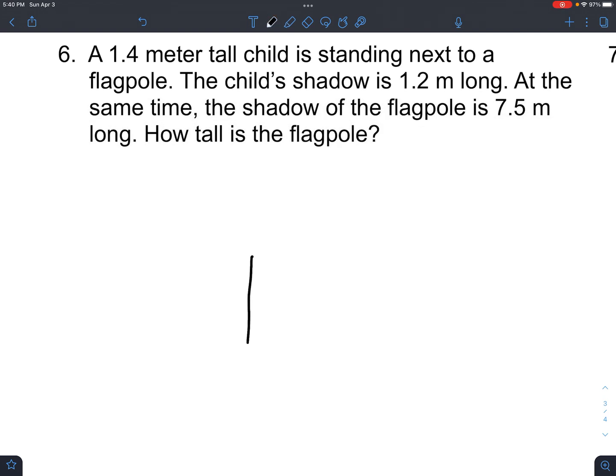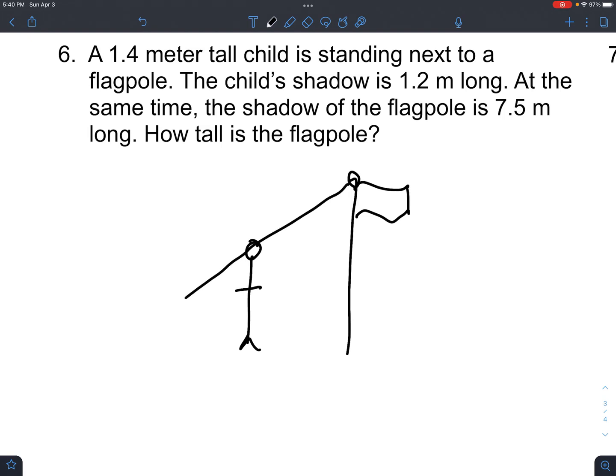So let's say we have a child here who's pretty tall, standing next to a flagpole. The child's shadow, I'm also looking at the shadow of a flagpole.